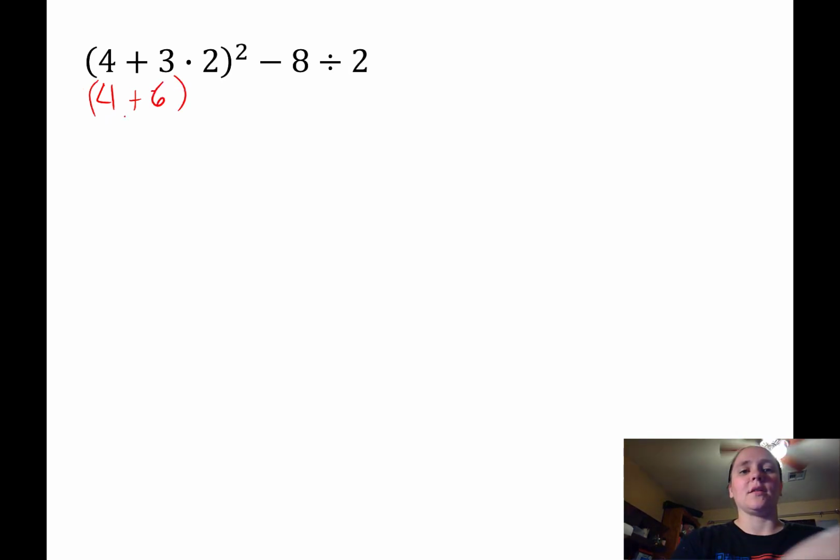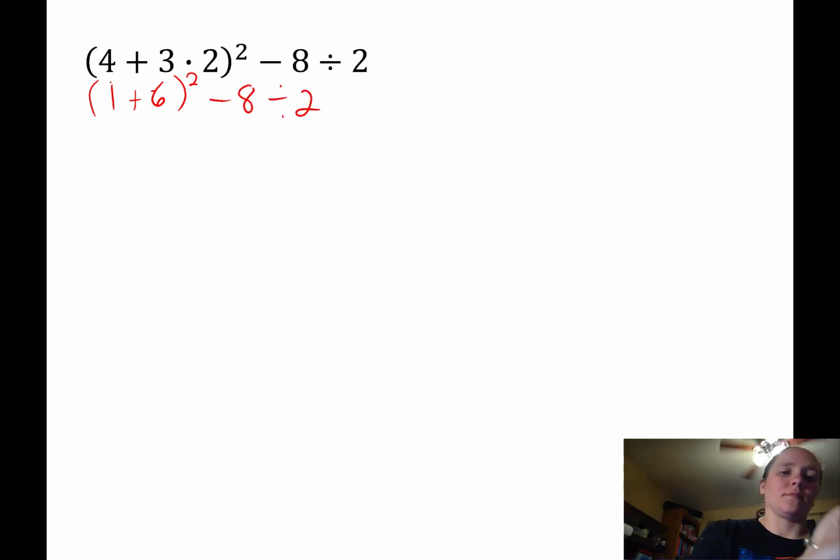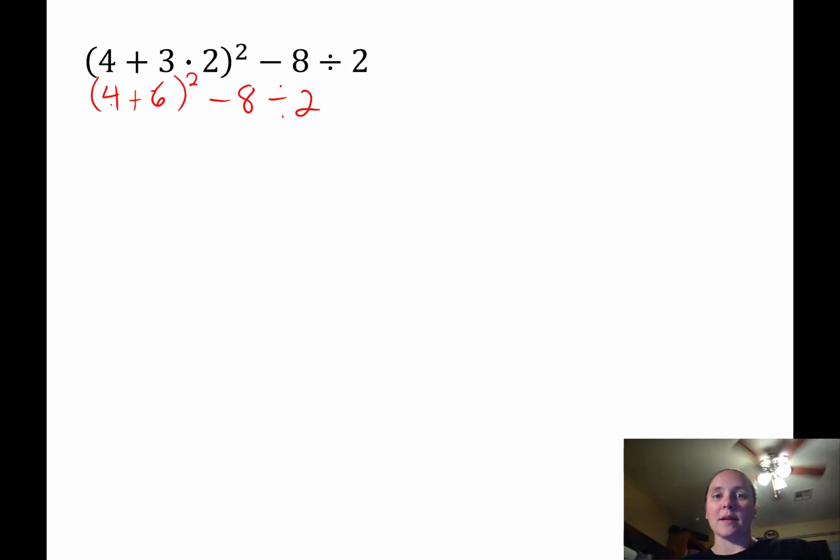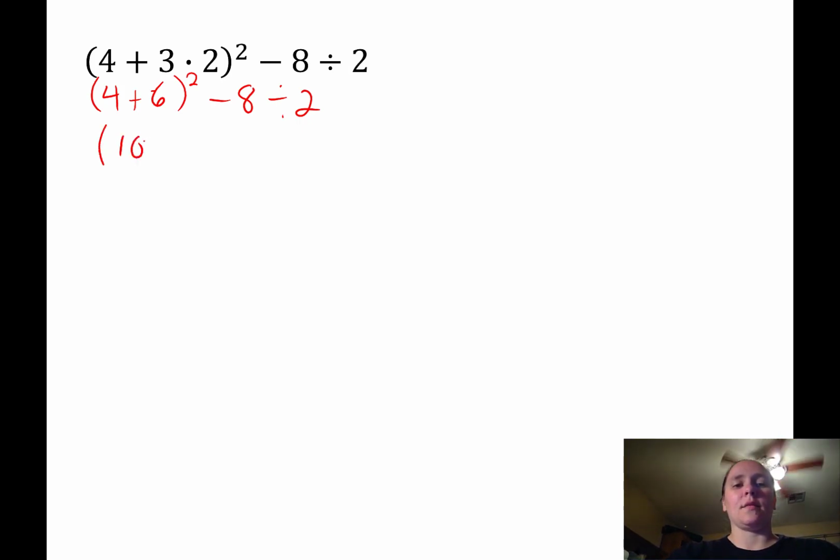Now that's still enclosed in the parentheses squared, and I still have the minus 8 divided by 2. Okay. Now, I still haven't gotten rid of my parentheses or simplified my parentheses. So I need to work on that. So 4 plus 6 is 10. Still have the square minus 8 divided by 2.